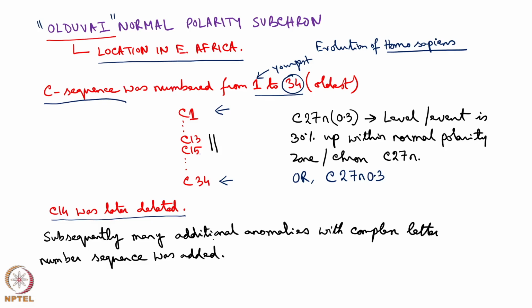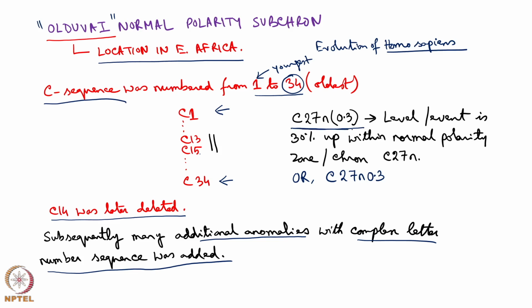Subsequently, many additional anomalies have been noted with complex letter symbols, and number sequences were added. So, not just C34, C33, C32 and then C1, there will be other complex ways of addition of anomalies. We will be explaining some of them.